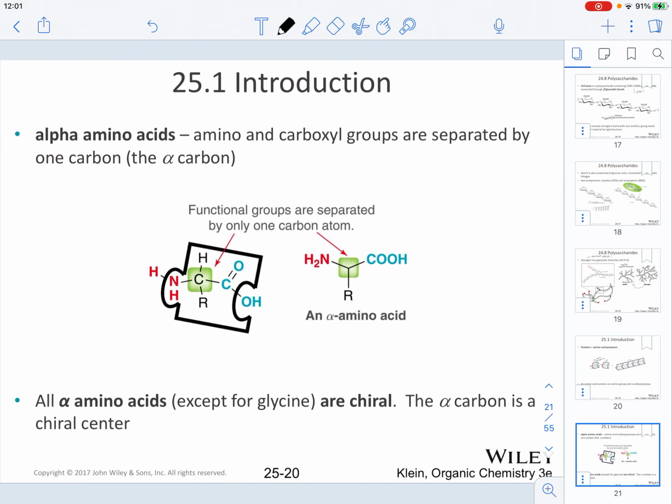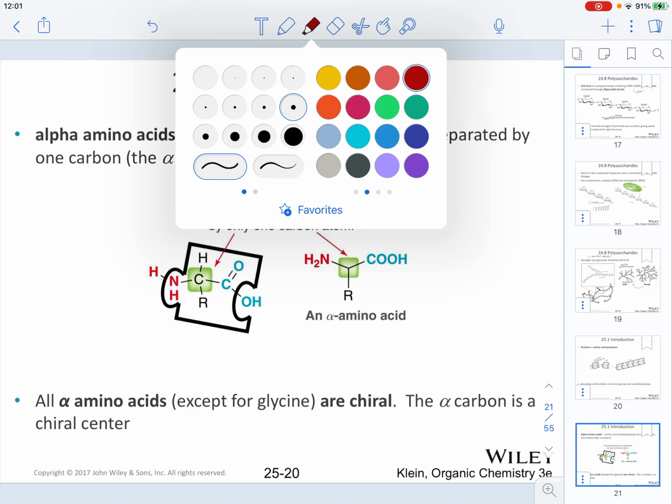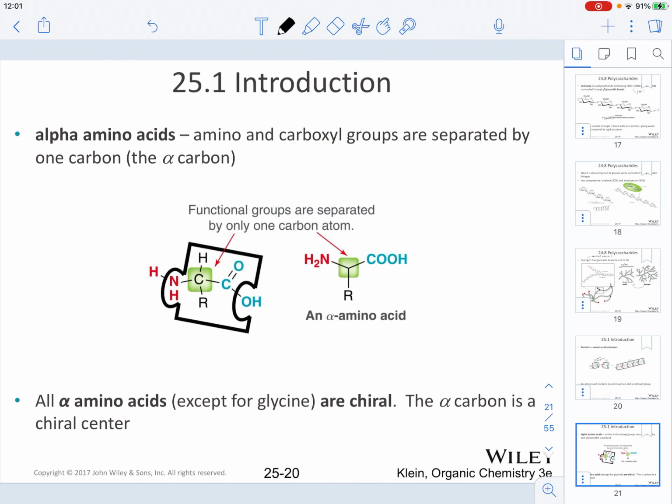Now, amino acids are known as alpha amino acids because the amino group and the carboxyl group are separated by one carbon atom, designated as the alpha carbon. So understand that every single one of the amino acids is going to have the amino group, the carboxylic acid group, the alpha carbon, and then they're going to have an R group.